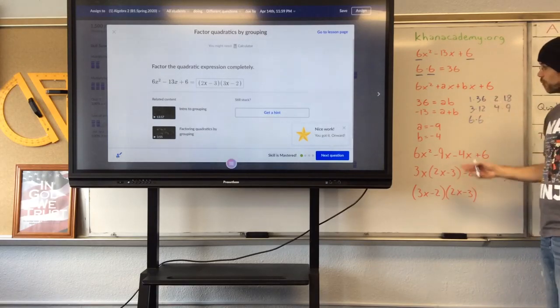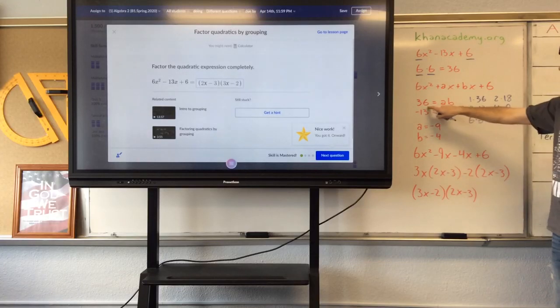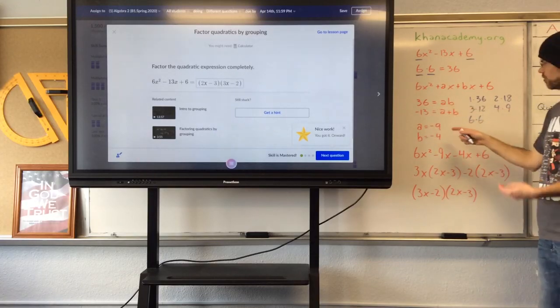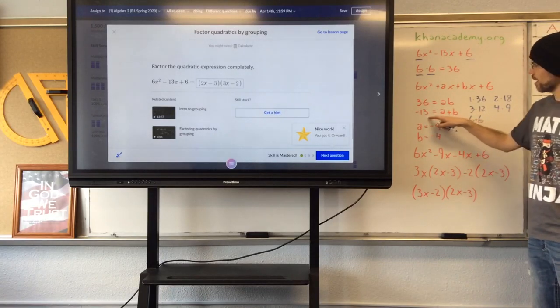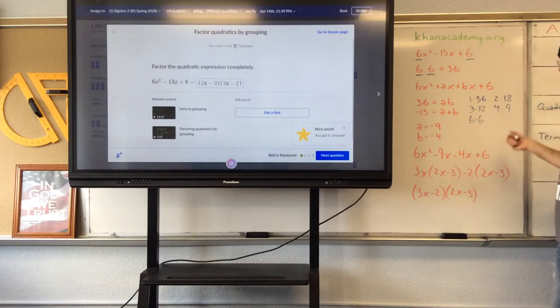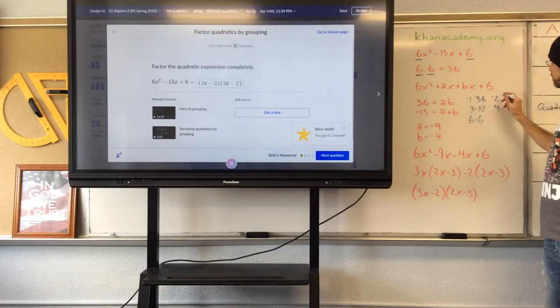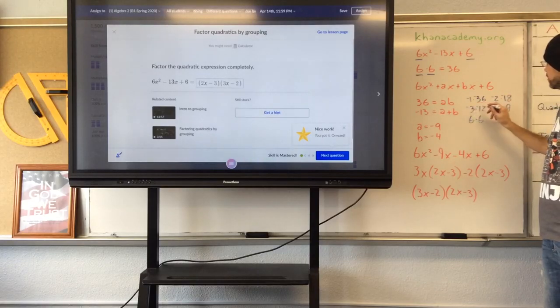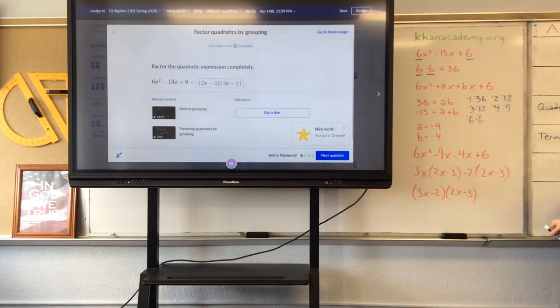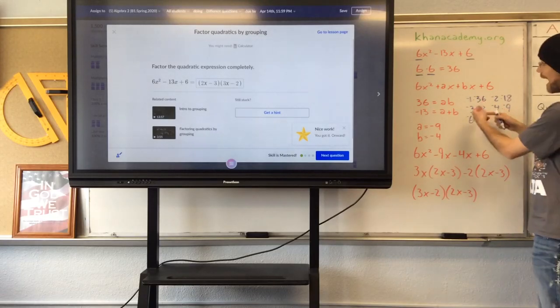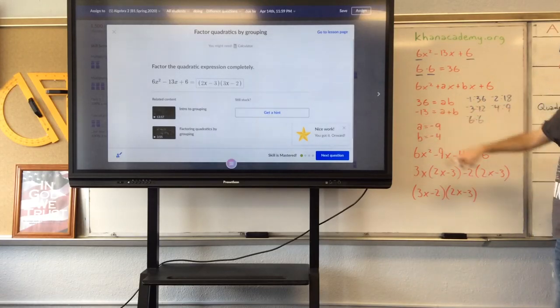So I've got 5 possible products. And also, notice when I add, I have to get a negative, so actually all of these numbers have to be negative. Negative times a negative is positive, and so on. Now, when I add those two numbers, it has to equal negative 13.